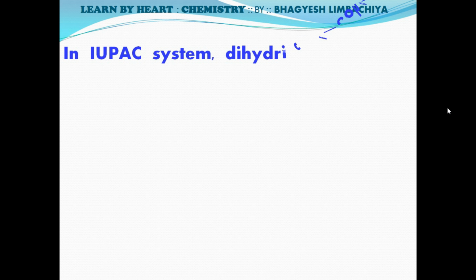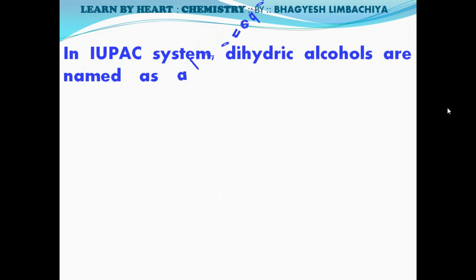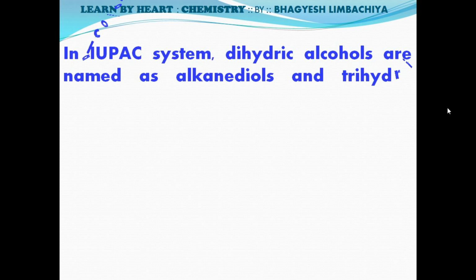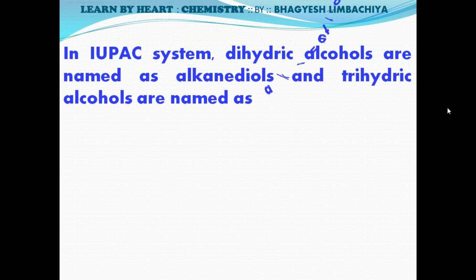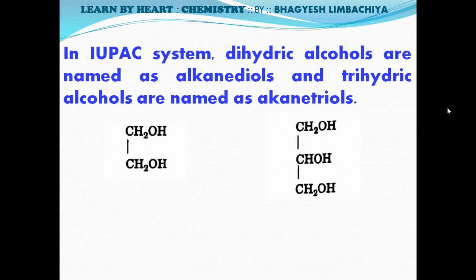Now in the IUPAC system, dihydric alcohols are named as alkanediols and trihydric alcohols are named as alkanetriols. Now consider these 2 examples. In the first compound there are 2 OH groups. So the name of the substance will be ethane-1,2-diol.